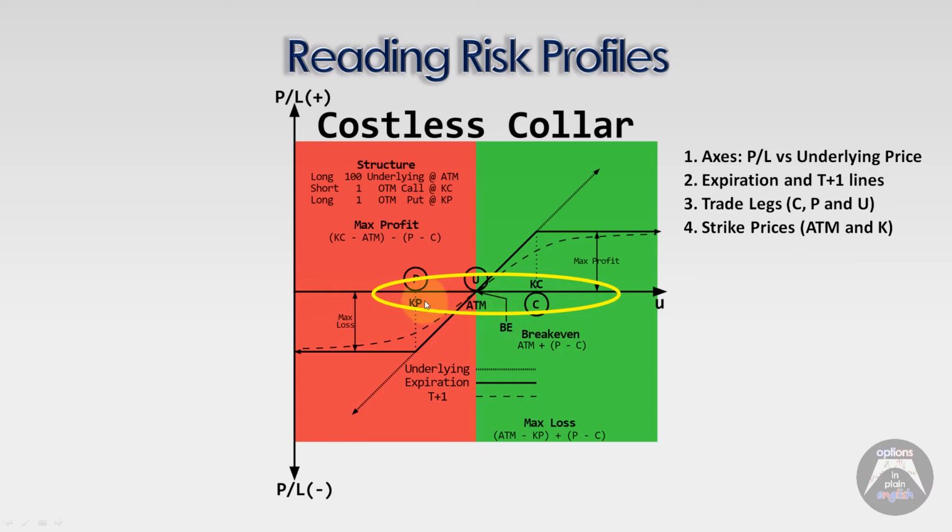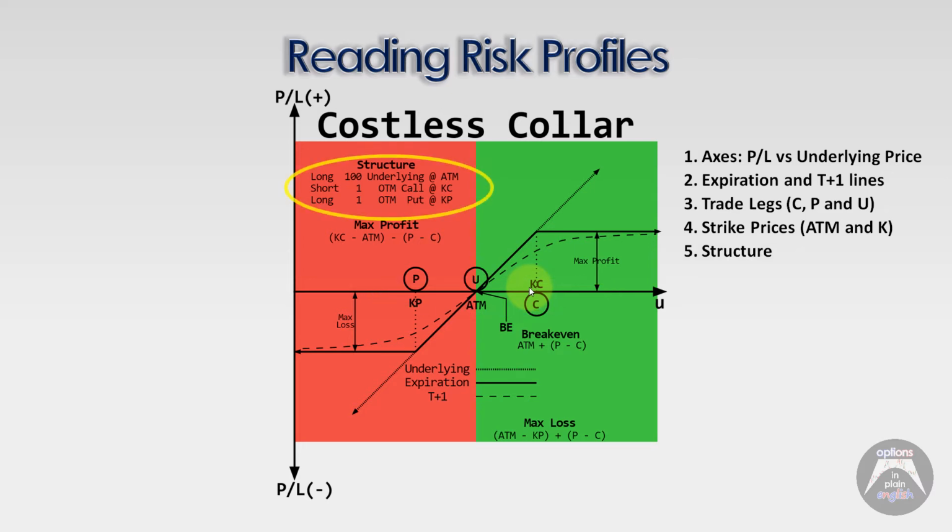I know that the strike for the put is below the at the money, and that the strike for the call is higher than the at the money. So that's important. Once you identify the strike prices, you can refer to them in a general manner so that you can apply this strategy to any underlying and at any price that you have.